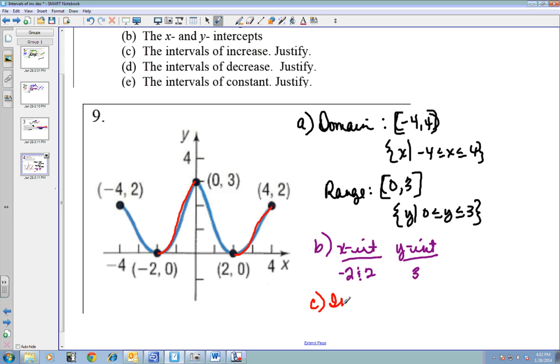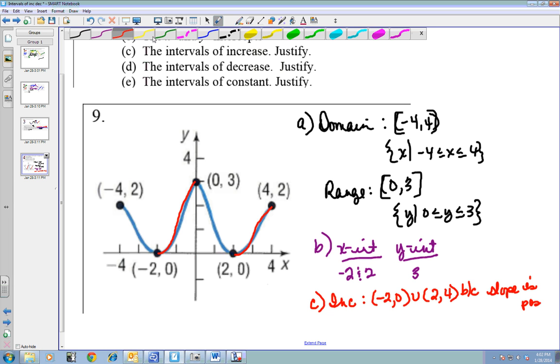So it's increasing from -2 to 0, unioned with 2 to 4, because the slope is positive. Now, I know these are closed circles, so when we write intervals of increasing and decreasing, we're always going to write parentheses around that. Okay, you don't have to worry about whether it's parentheses or bracket.